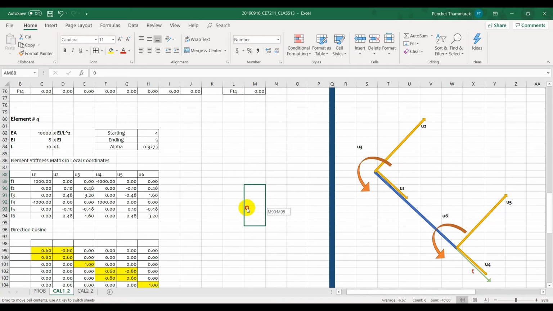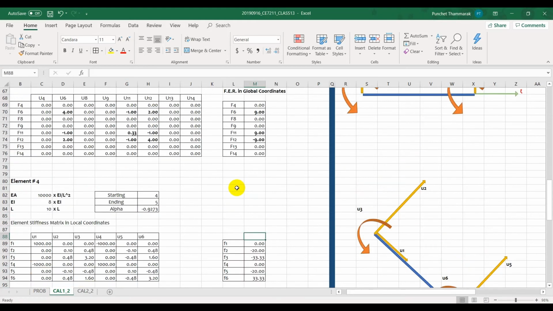The thing is that this is constructed in local coordinates.